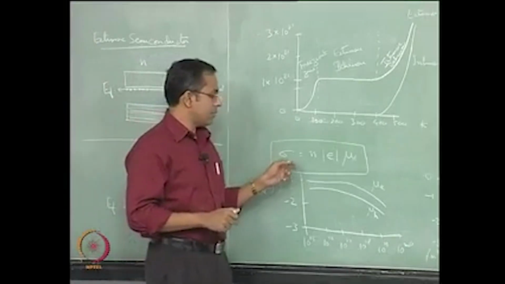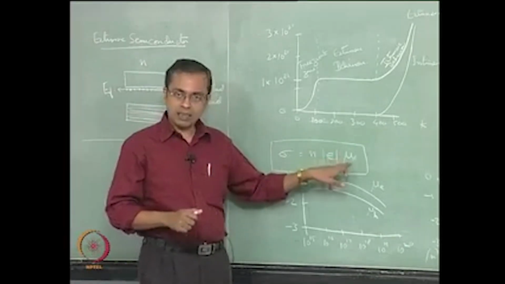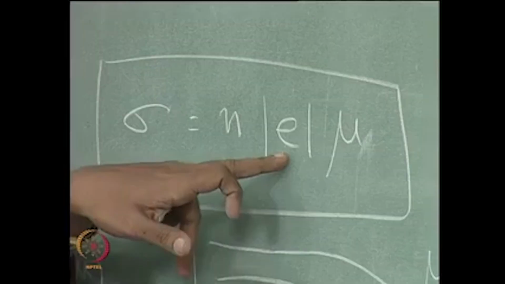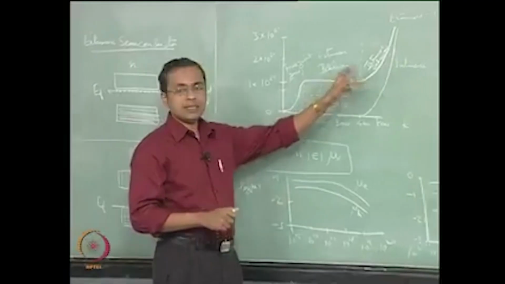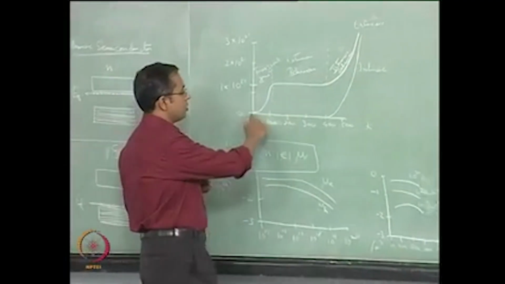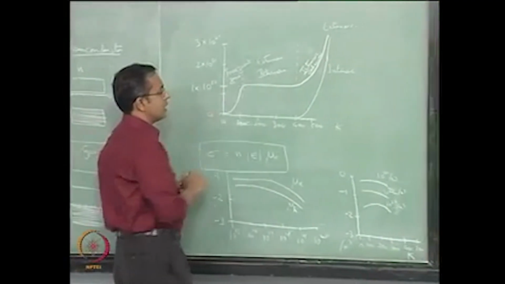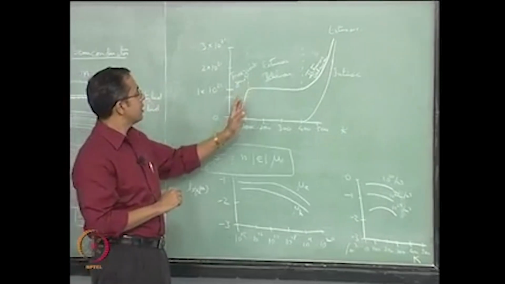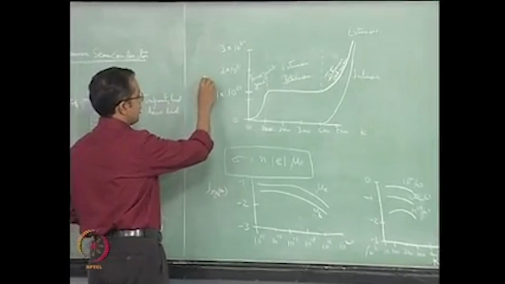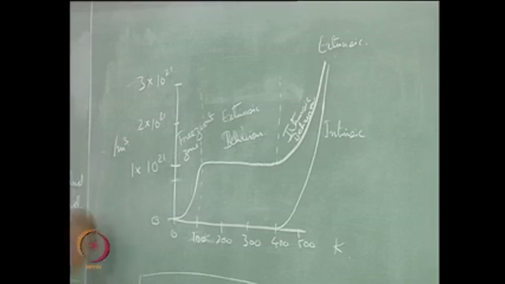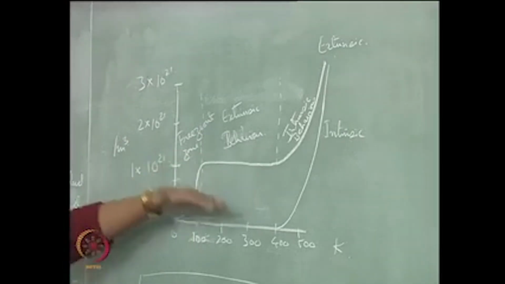For a semiconducting material again mobility is coming down as a function of temperature, this e is a constant, but this n actually increases with temperature. You have seen here as you go up in temperature the number of charge carriers per unit volume, per meter cube, is actually going up.